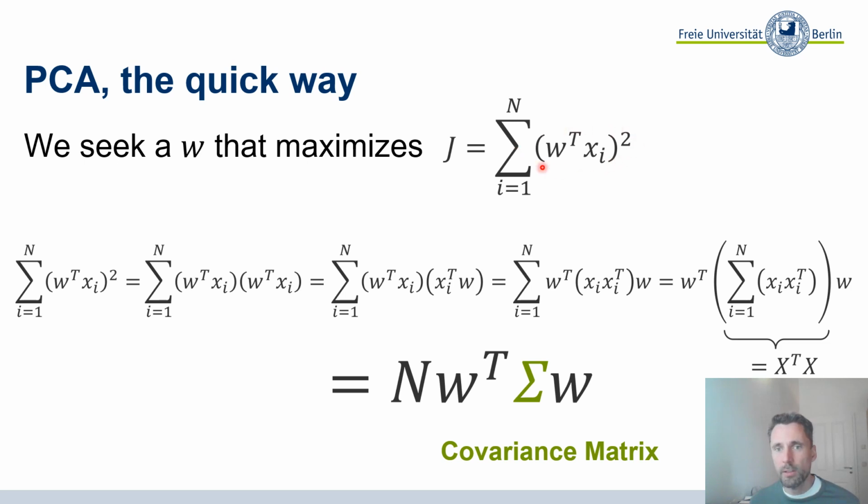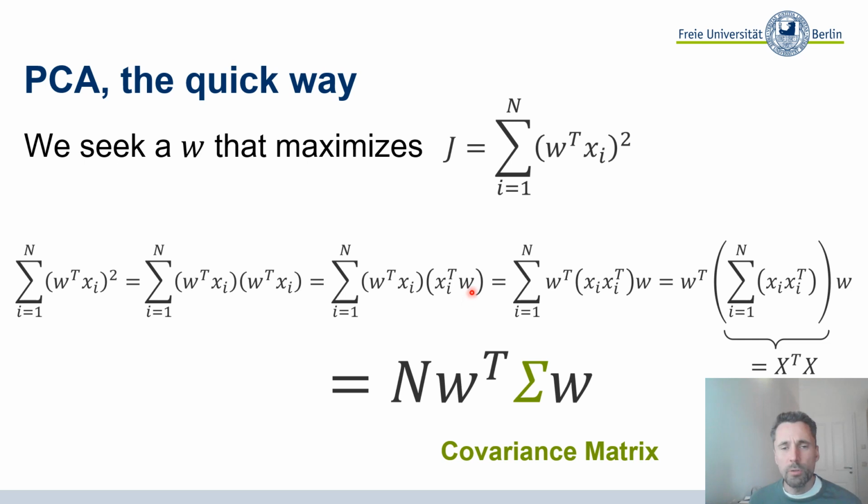And so let's take this and rewrite it as twice this term. So multiply W transpose Xi times itself. And since we can turn W and Xi around, the dot product will be the same. Let's rewrite it like that.